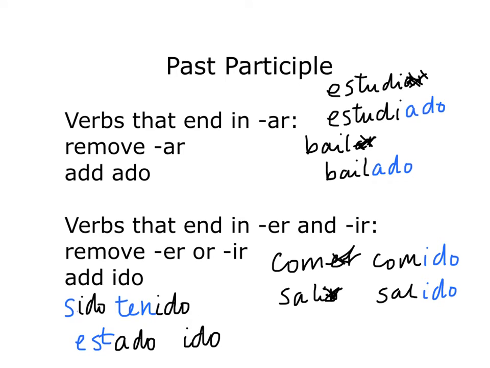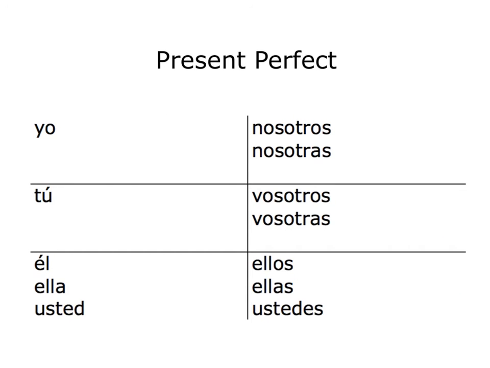Let's get rid of this messy screen and start a new one. It's time to put everything together. It's a compound. It needs more than one part. Let's put them together. You can pause the video if you want. Let's start by seeing if you remember the helper or auxiliary verb. For yo, do you remember it's he? Tú, has.